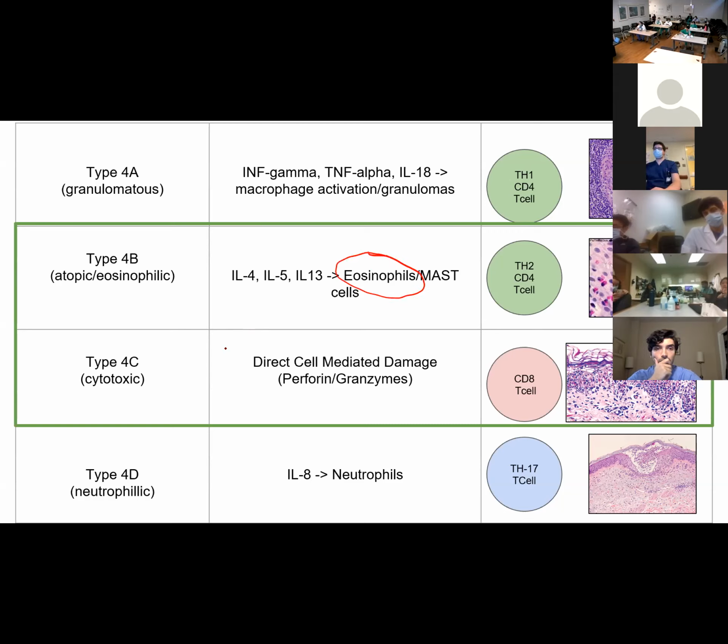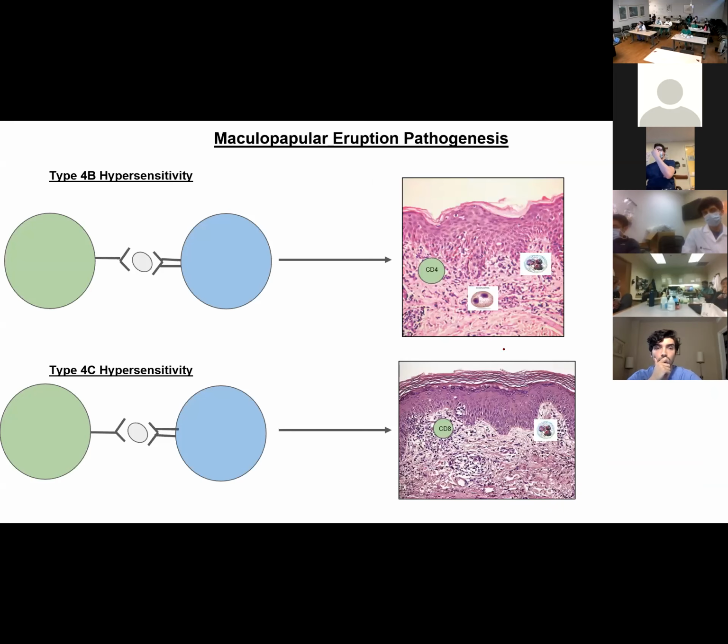The other one that comes into play is the CD8 T-cell immune reaction. So these maculopapular reactions are a bit of a mix of both. With 4B hypersensitivity, this is your eosinophilic response.